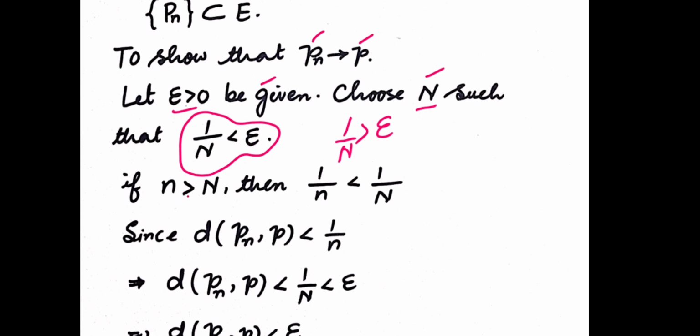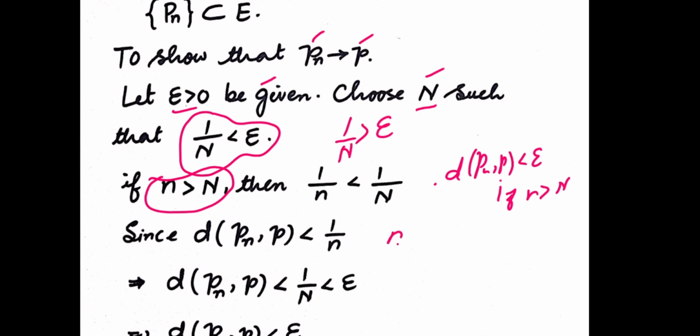Now, the definition of a convergent sequence says d(Pn, P) is less than epsilon if n is greater than N. So that's why I am taking n greater than N. We cannot take n less than or equal to N. This goes against the definition of a convergent sequence.